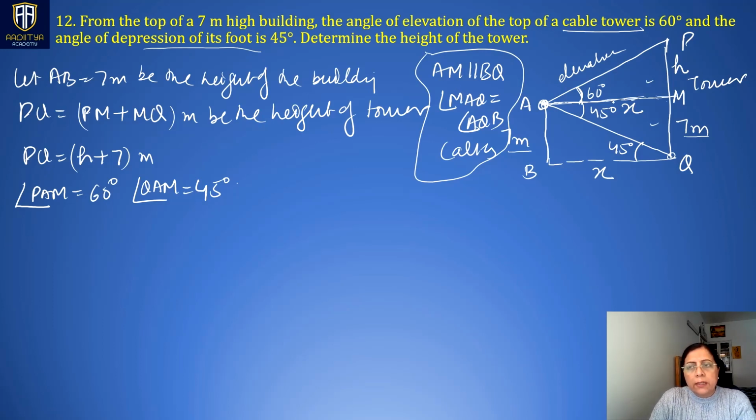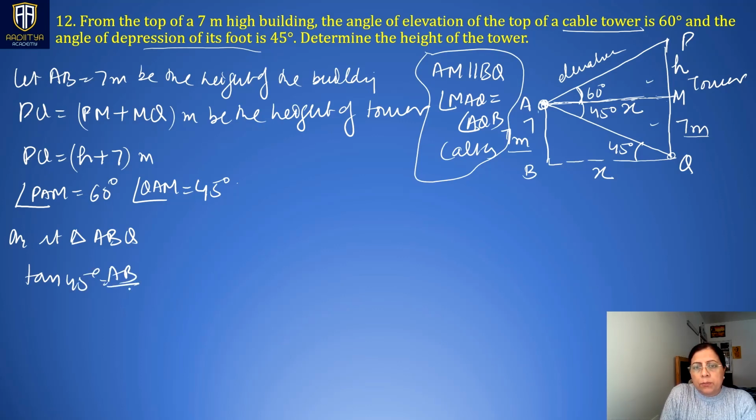So we need to take that angle inside the triangle by alternate angles. Now in right triangle ABQ, the relationship between AB and BQ is tan. Tan 45 is AB upon BQ. This is 1. AB is 7, BQ is X. So we can say X is 7 meters.